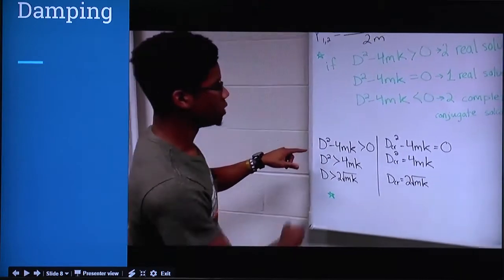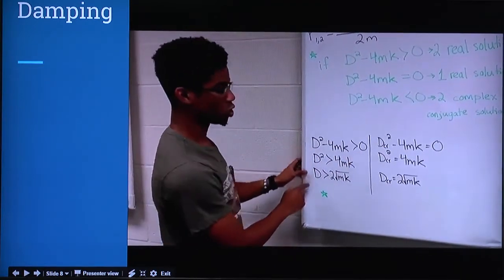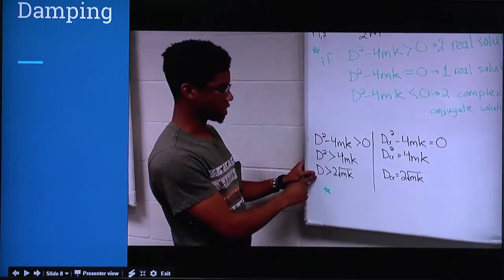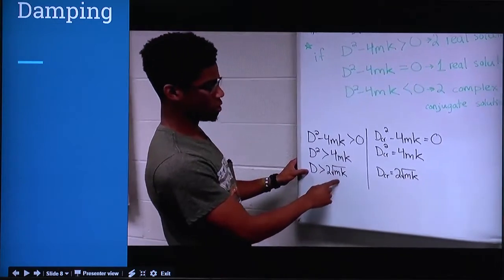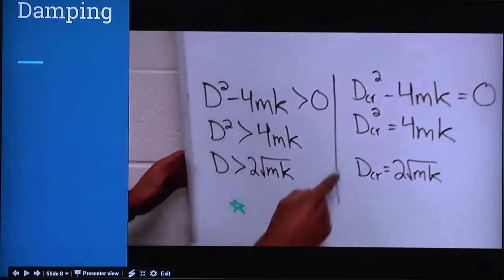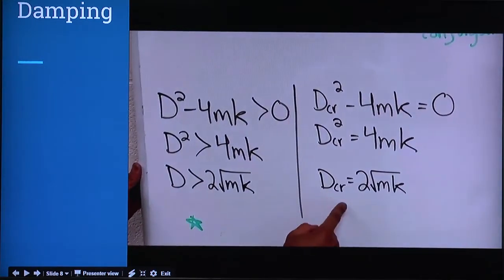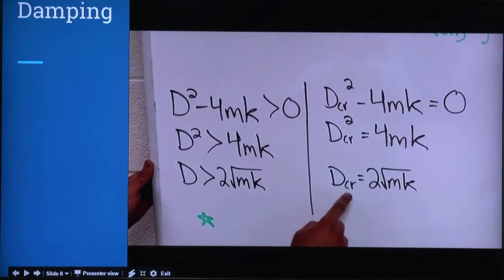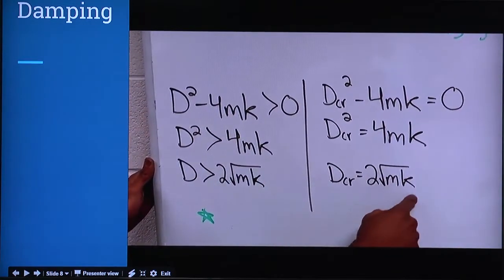So when we set our discriminant greater than 0, overdamped, we're going to solve for the viscosity of the fluid. It has to be greater than 2 square root of mass times the k constant. Now if I do this for the critically damped situation where it's equal to 0, I get that the critically damped fluid constant is equal to 2 square root of m times k.